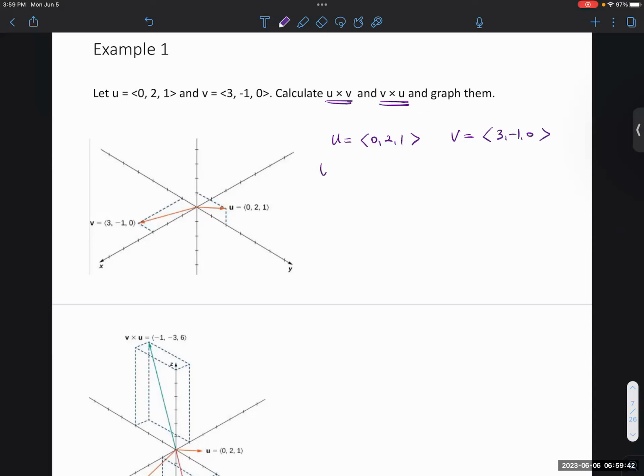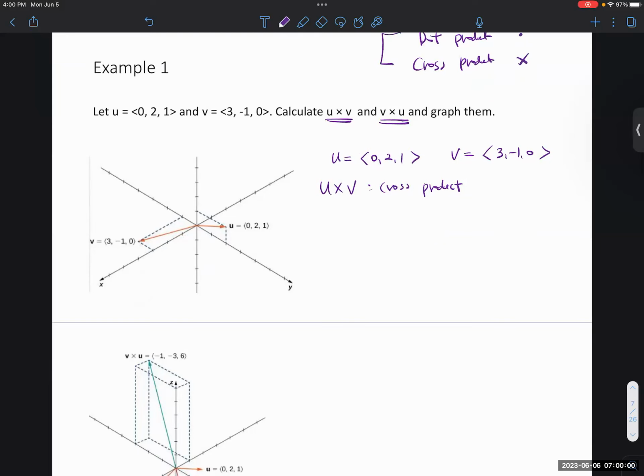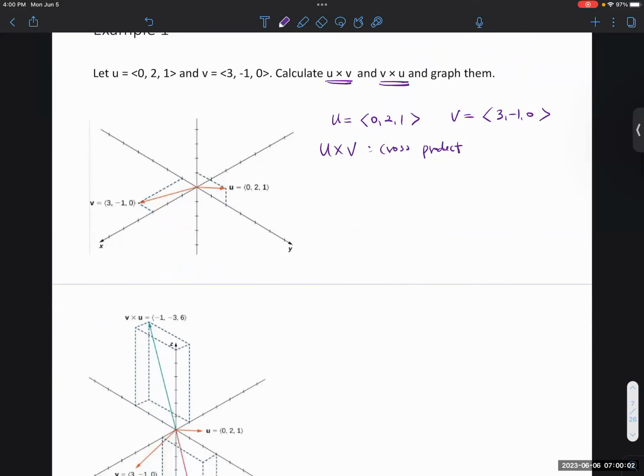So let's multiply U times V. This is a cross product. For the dot product we use a dot; for the cross product we use the multiplication symbol. That's how you can figure out which one is a dot and which is a cross product.